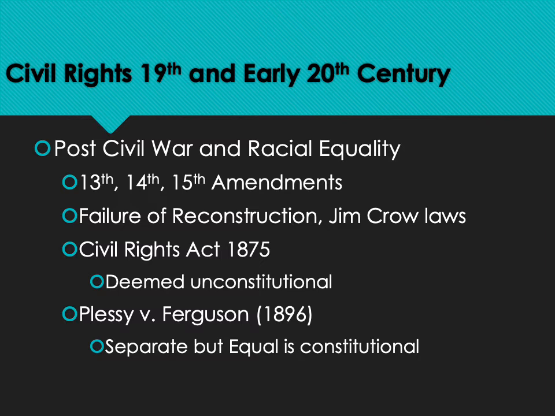And as we all know, the answer to that is no, it does not. The 14th Amendment, at least in the way it was interpreted in Plessy versus Ferguson, tells us that as long as the separate cars are equal in accommodations, then that is constitutional. So Plessy versus Ferguson establishes the separate but equal doctrine that underpins the Jim Crow laws.